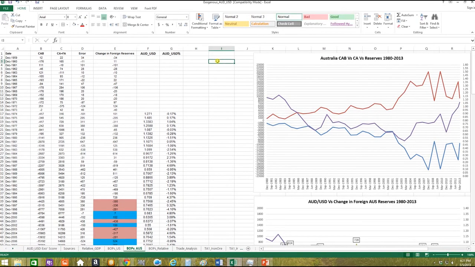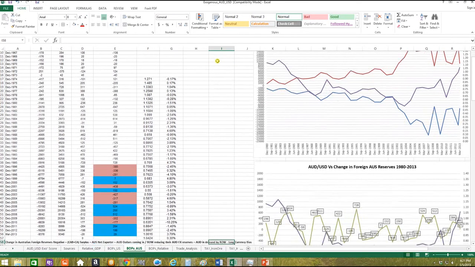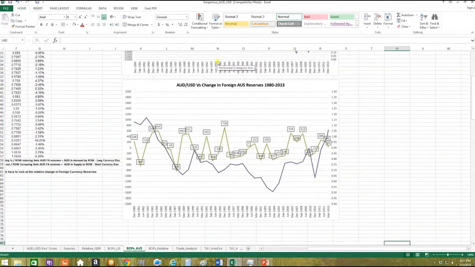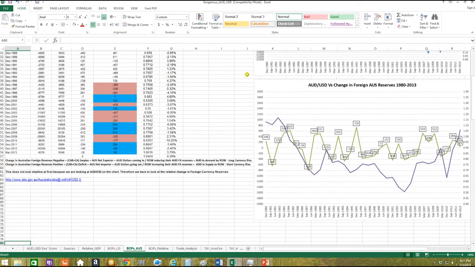Now, if we actually look at the Aussie dollar US dollar exchange rate relative to the balancing item, so if we compare it to the balancing item, you'll be looking at this chart here on the right hand side.